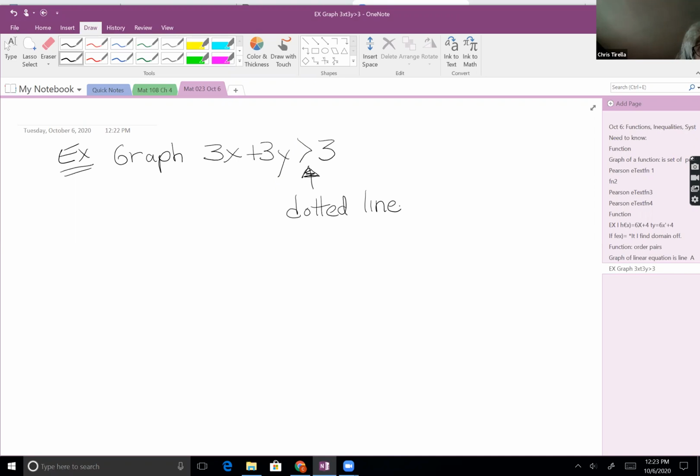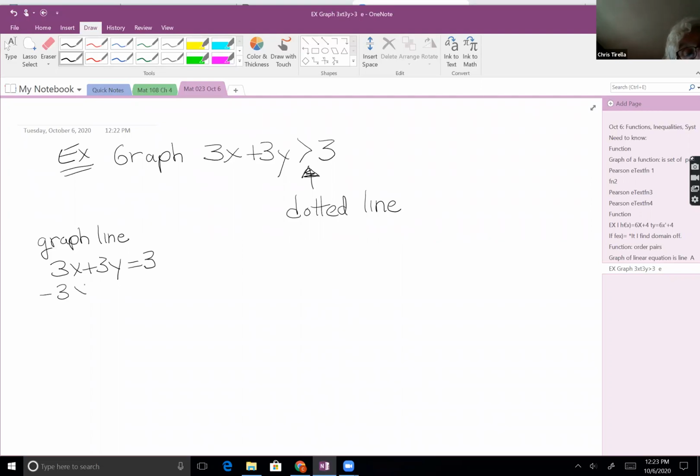Now that I know it's dotted, I'm going to graph the line. And on the line, we've got that 3x plus 3y equals 3. I like to use my y equals mx plus b to graph my slope-intercept form.